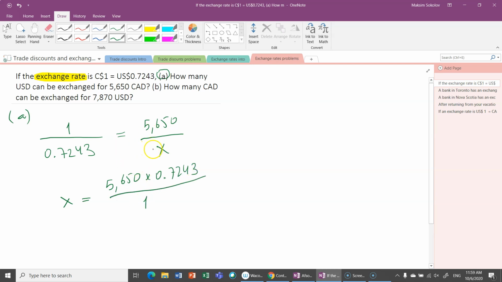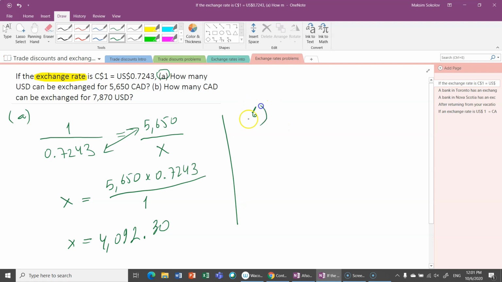So we're resolving this by cross multiplying. You can see we multiply by diagonal here, and then we divide by whatever is remaining. So X is going to be 4,092.30.